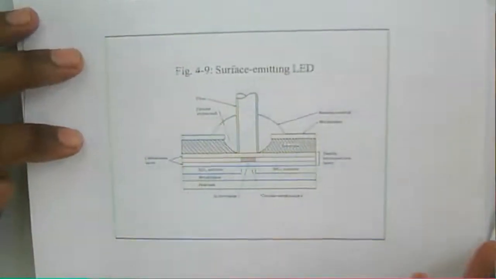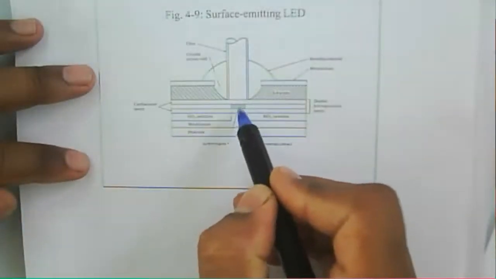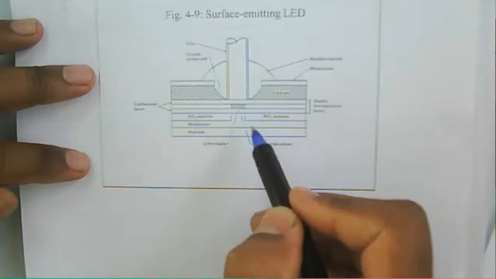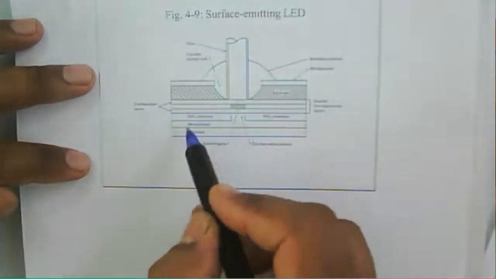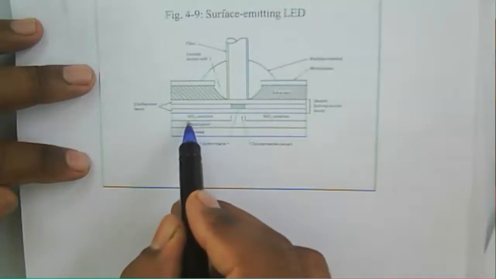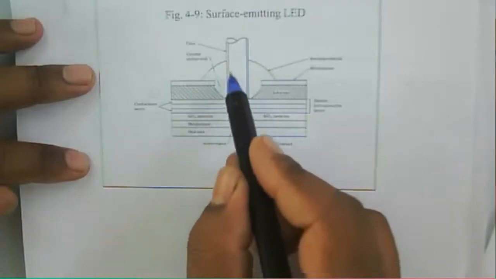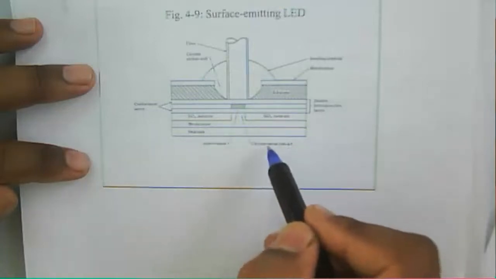So this one is the active region for the surface emitting LED. The other component here is the heat sink, metallization. This one is an isolation layer, and here we have the circular metal contact.